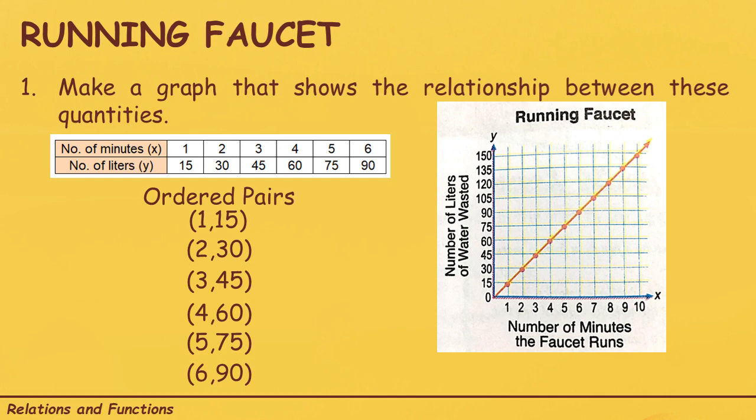Here we can also answer question number 2, about 10 minutes. How many liters of water will be wasted in 10 minutes? We can see on the graph that at 10 minutes, that will be 150 liters of water, because in this case, per minute is equivalent to 15 liters of water.